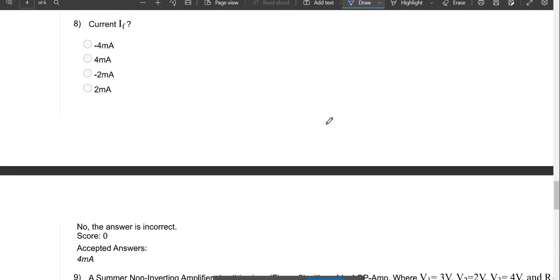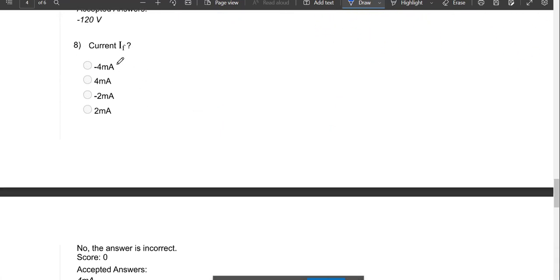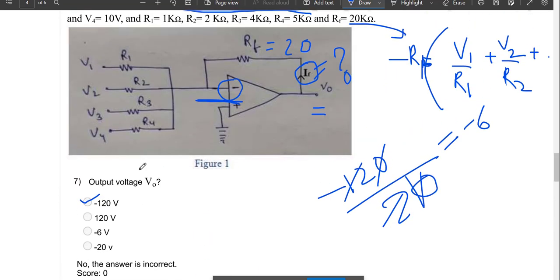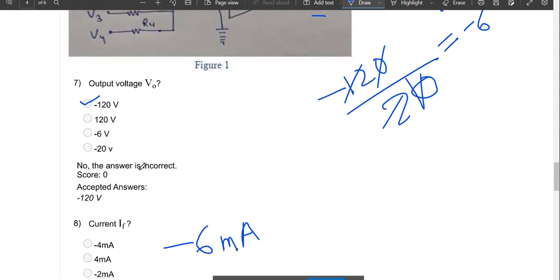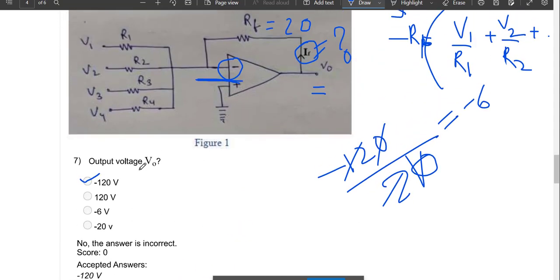Okay, the answers given are completely different. Anyways, the answer here will be minus 6 milliamperes. Do you have any doubt, guys? It will always be V naught minus 0, since it's connected from these terminals.